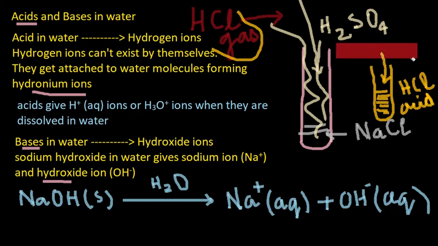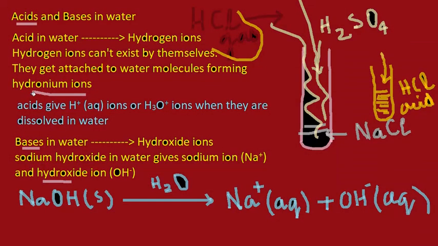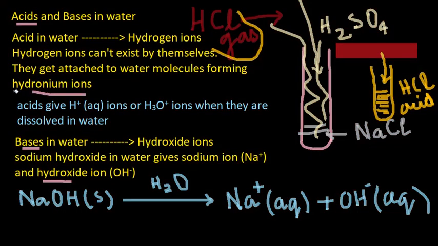Now this change in color is because this hydrochloric acid is actually dissolved in water. It is an aqueous solution. Only in aqueous solution will you get hydronium ions, and due to these hydronium ions, this change in color of indicator will be observed.